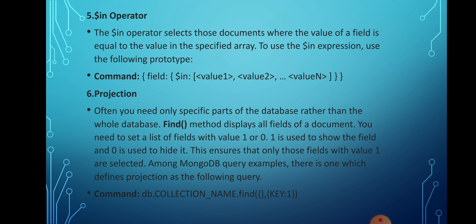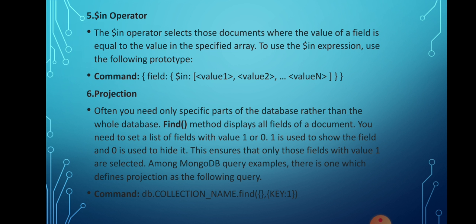You need to set a list of fields with value 1 or 0. 1 is used to show the field and 0 is used to hide it. This ensures that only those fields with value 1 are selected. Among MongoDB query examples, there is one which defines projection as the following query.